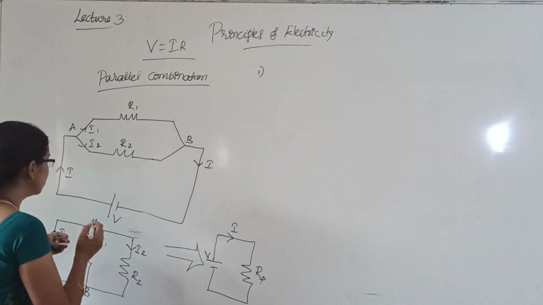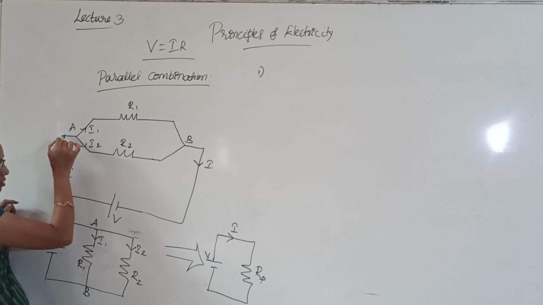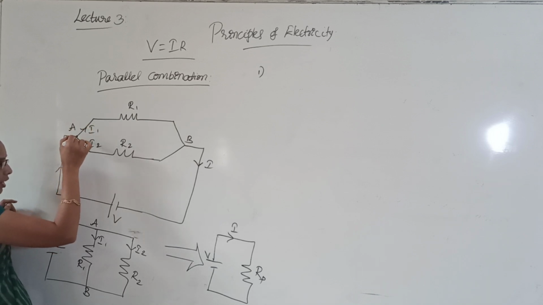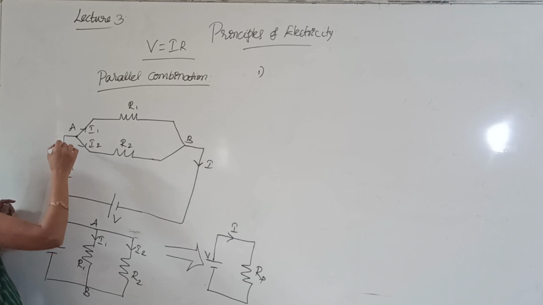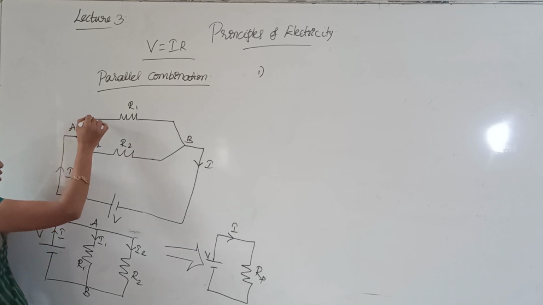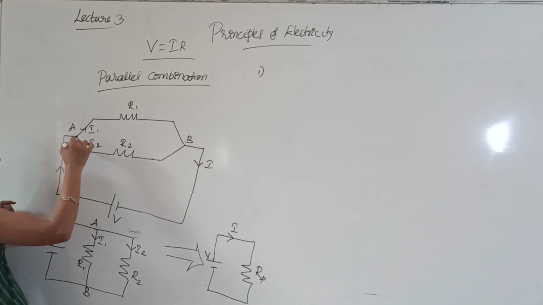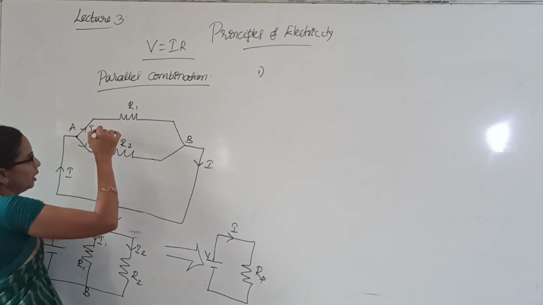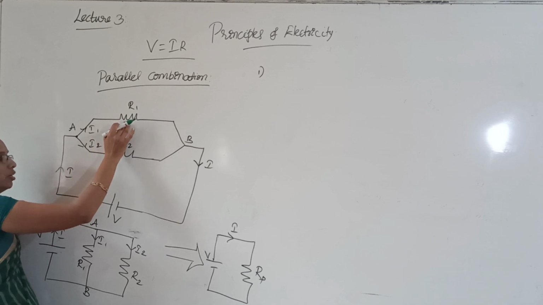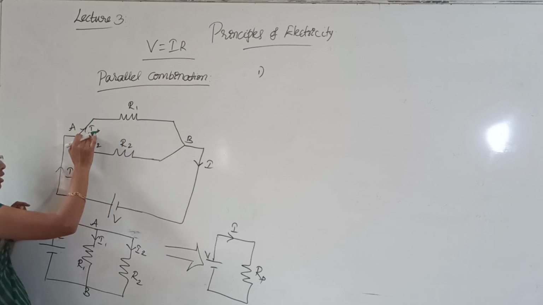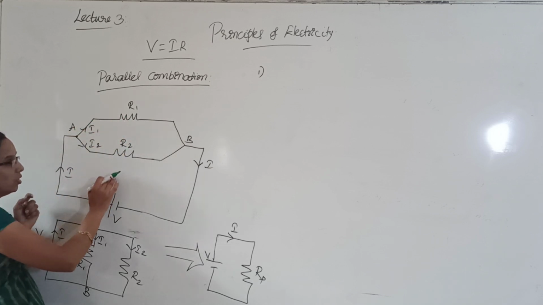Okay, because when the current is flowing from this path, it will find a diversion. At point A, it will find two paths. The charges will find two paths. In the same way, the current will divide between these two paths, and depending on the value of resistance, the current flows through each.